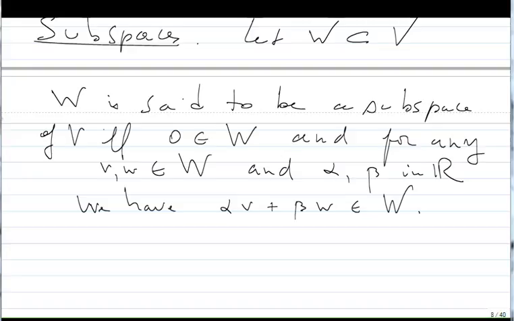So the concept of subspaces came from the study of linear combinations and the span.